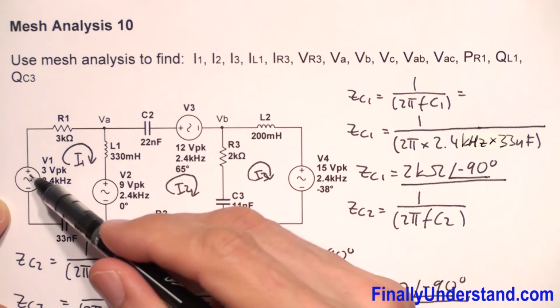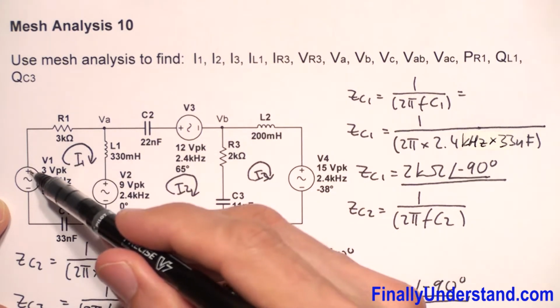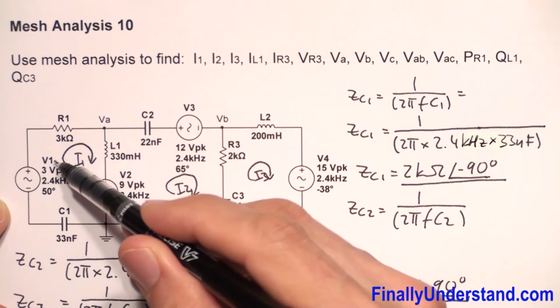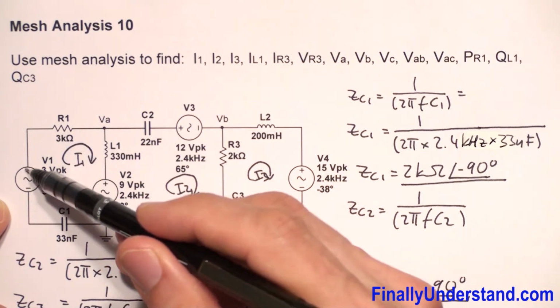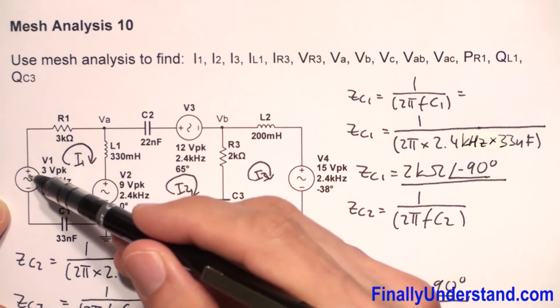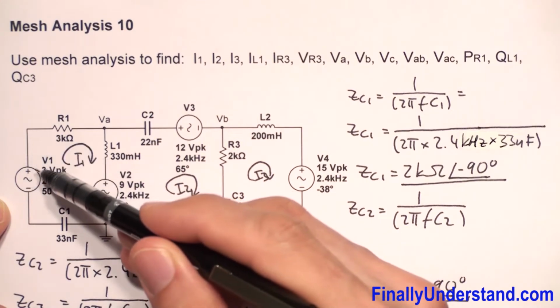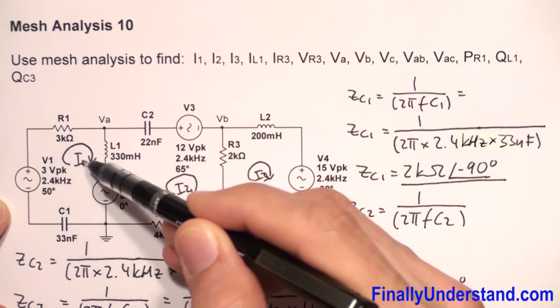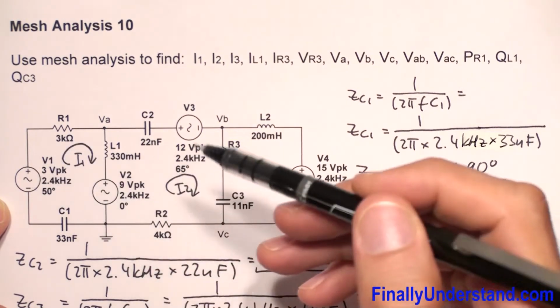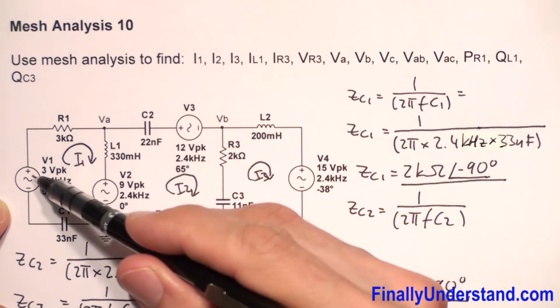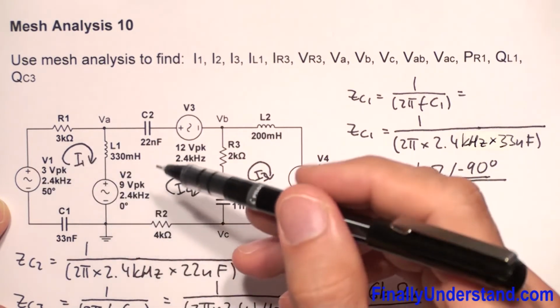Please notice that we have a positive sign at the top of voltage source 1, so theoretically this voltage source is going to push the current up, and the current I1 is going to go in the same direction as the current pushed by V1. So I'm going to say this is my positive V1.